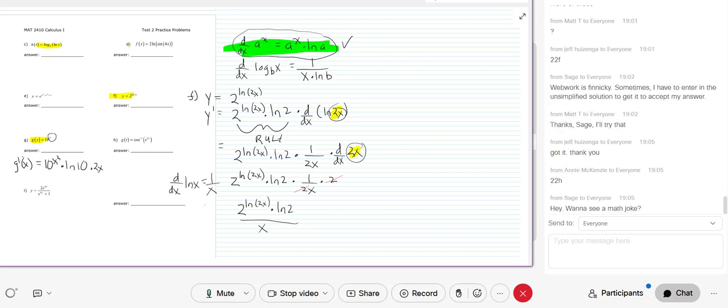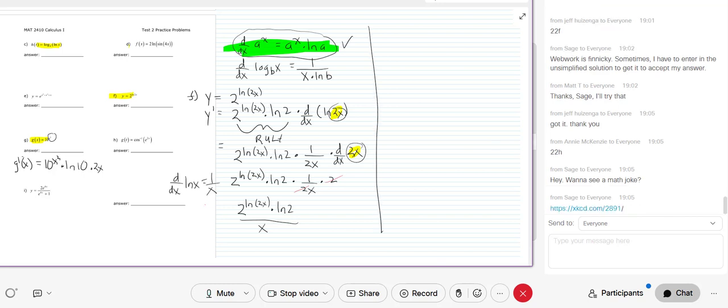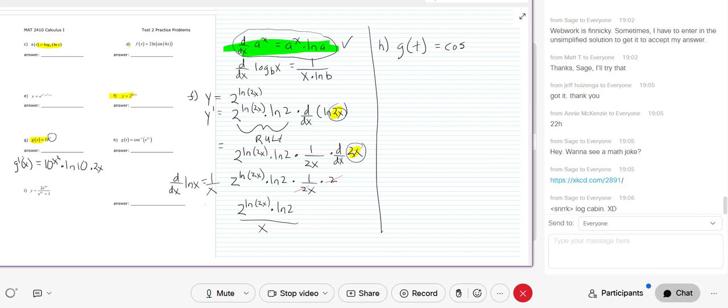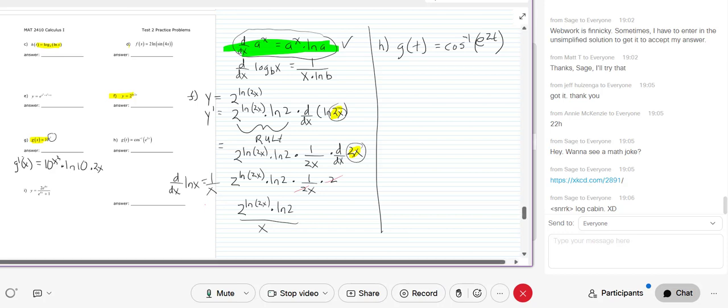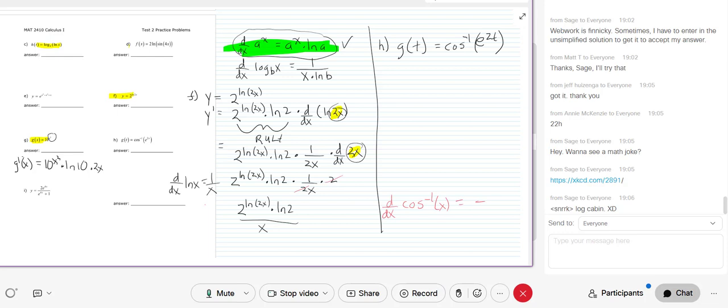22H, let's see, Annie. All right, on the next one we have h, and g of t is equal to the inverse cosine of e to the 2t. This is a chain rule problem, and it's going to work like this. The derivative rule you have to know is that the derivative of inverse cosine of x is -1 over the square root of 1 minus x squared.